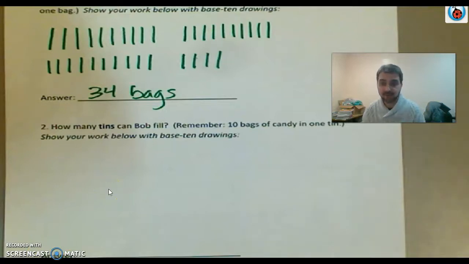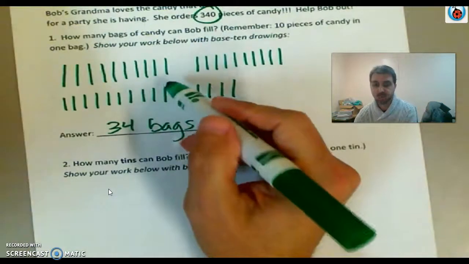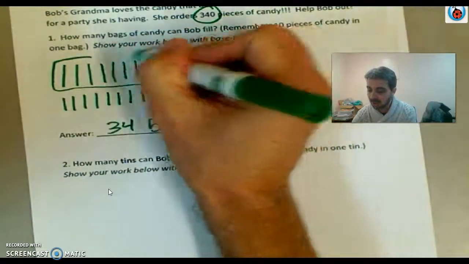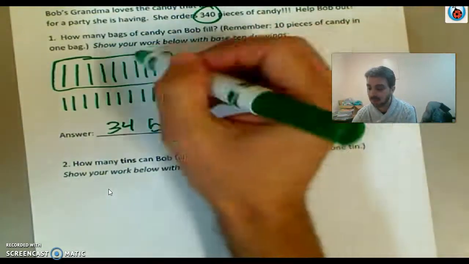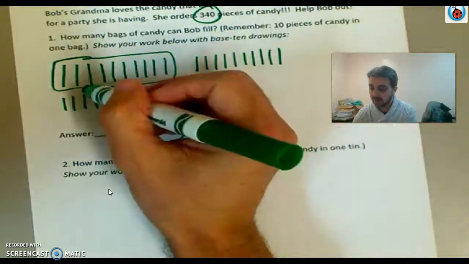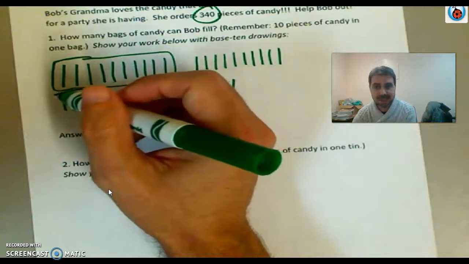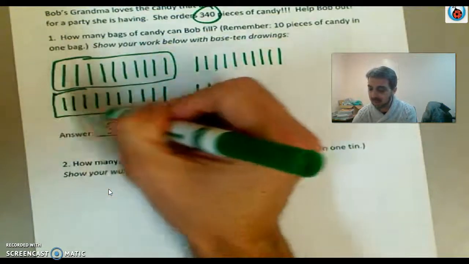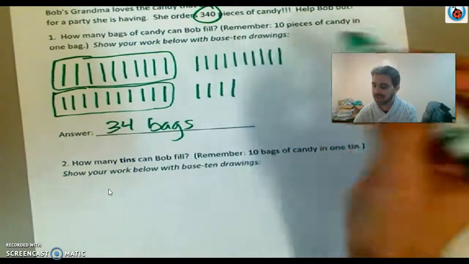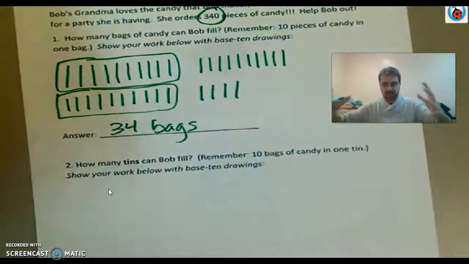All right, so did you try and figure this one out? So you can use this drawing, right? So look, if I circle these 10, that's 1 tin of candy, okay? T-I-N, not 10, not number 10, T-I-N. Here's another, probably should have called it something different than a tin, right? A tin is a big thing of candy, not a 10.